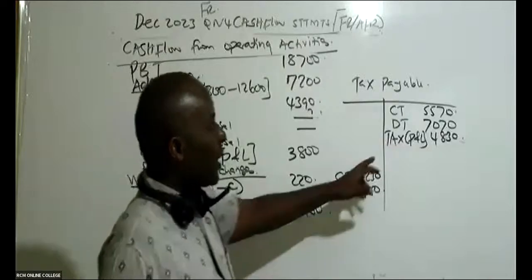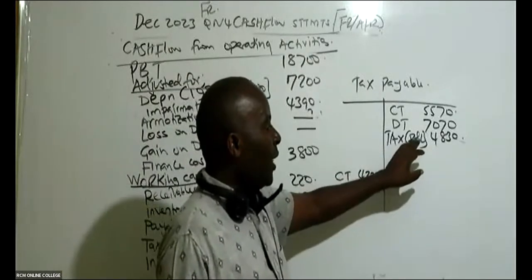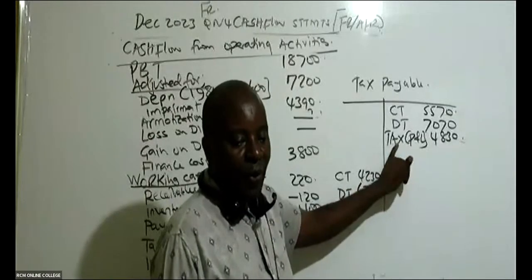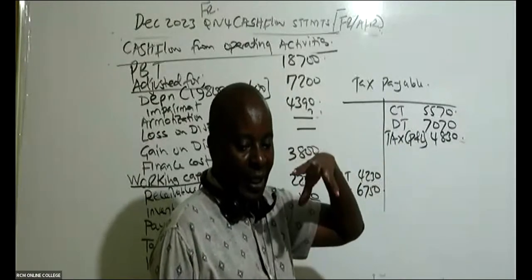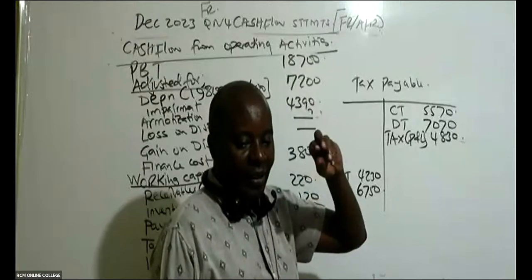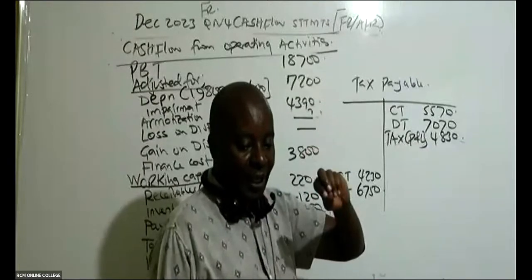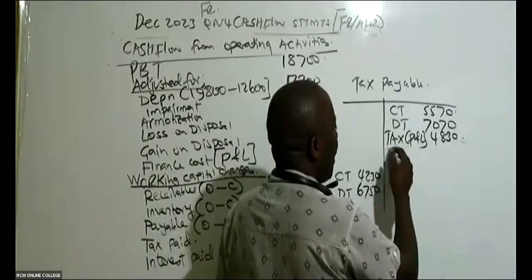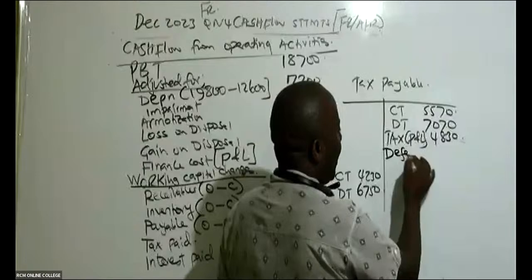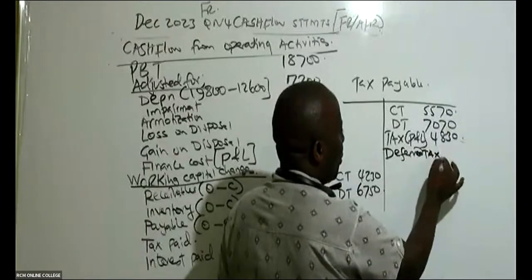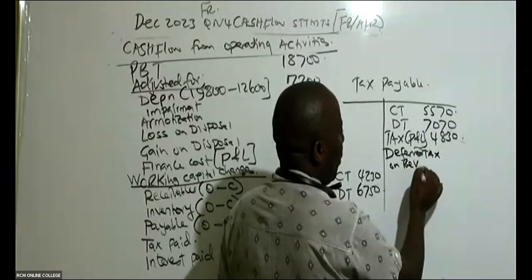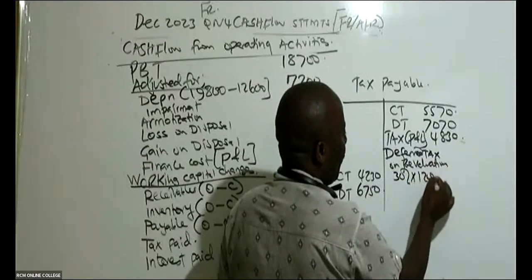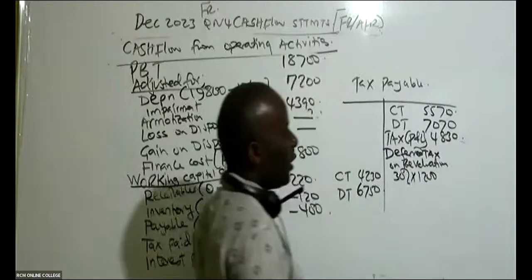So you see the tax in the P&L. Were you able to see how I picked tax for the year from the P&L? Then the only thing we need is deferred tax on revaluation, which will be 30% of the revalued amount, 1,200.